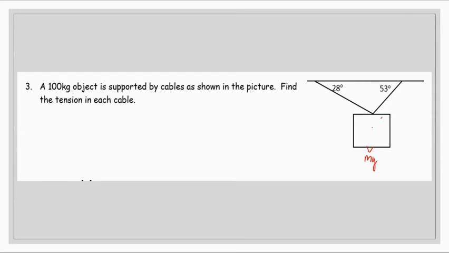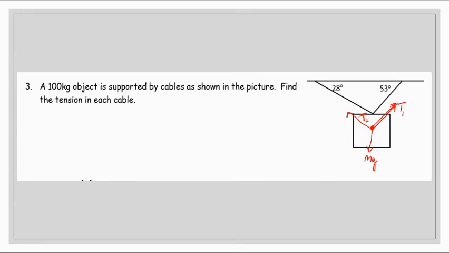Then I have my tension 1, we'll call that, and tension 2, we'll call this. Now notice that in my free body diagram, I'm starting at the center of my object, and I'm a little off center, but I'm starting in the center and going away from the center with my vector. So the tip of my arrow, the head of my arrow, is going to be right over here.